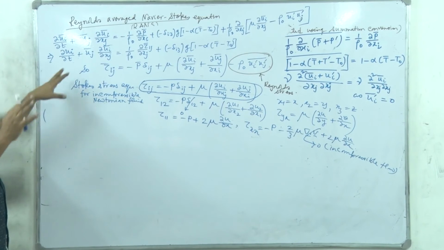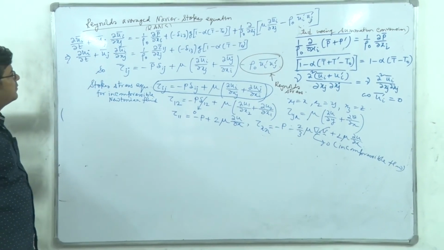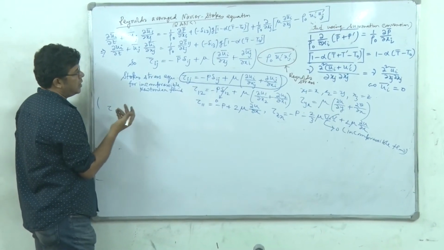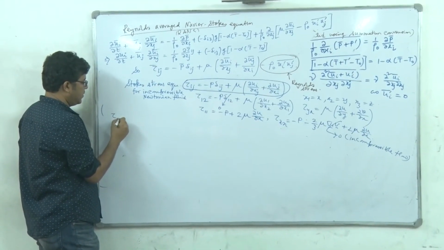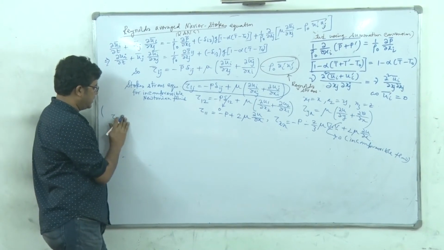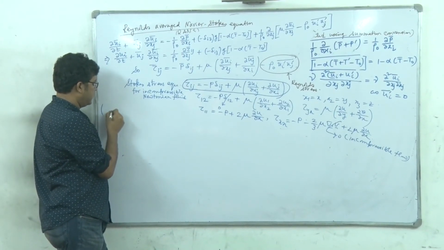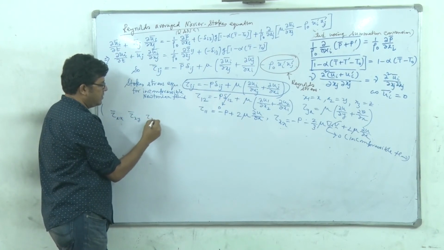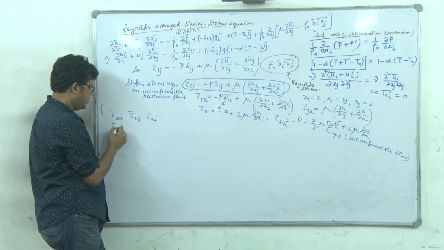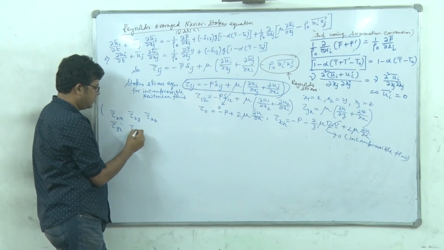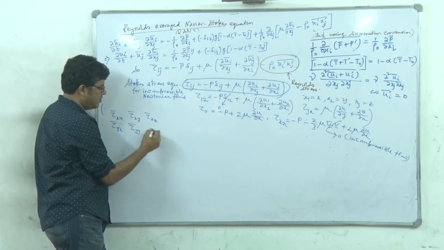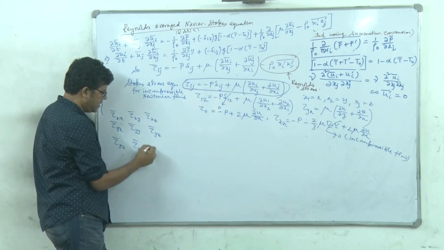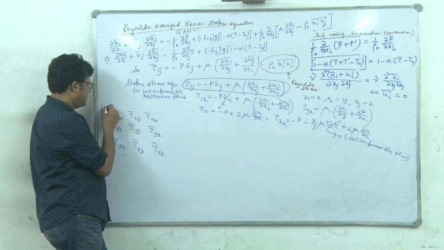So we can represent it, we can arrange it in the form of this matrix, like we can write this tau, this an old notation, tau xx, this is average, right? Everything is average. Xy average, xz average, tau yx average, yy average, yz average, zx average, zy and zz average.